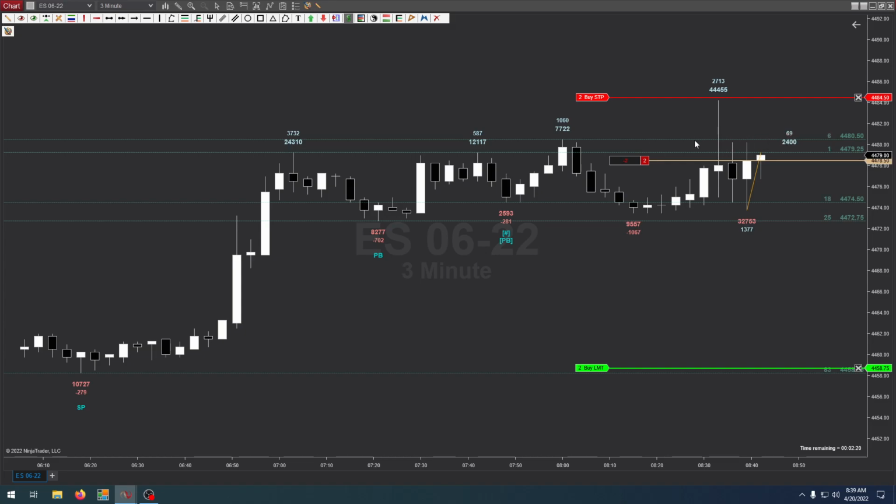So far, these levels are holding right here. That is resistance, but we have this very, very large buy imbalance right here. Okay, now we're getting a negative volume delta here. If this takes out this low, these numbers will combine with these numbers.